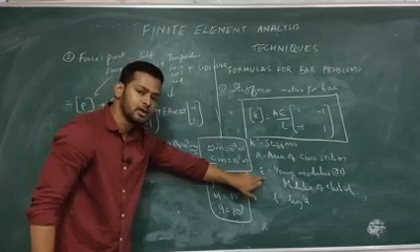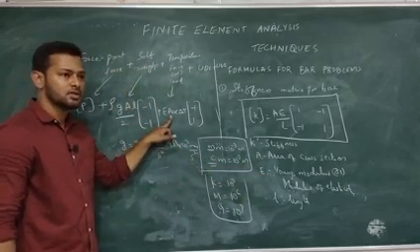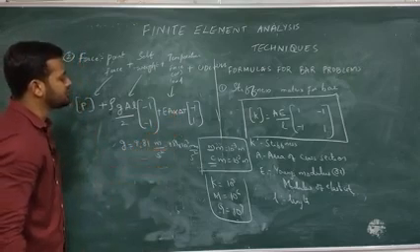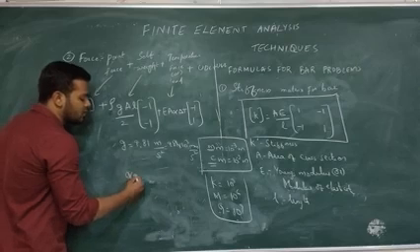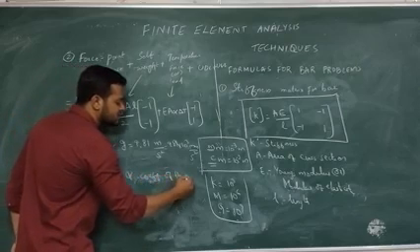We have already written here Young's modulus or modulus of elasticity. A is the area of cross section. Alpha is called the coefficient of thermal expansion.